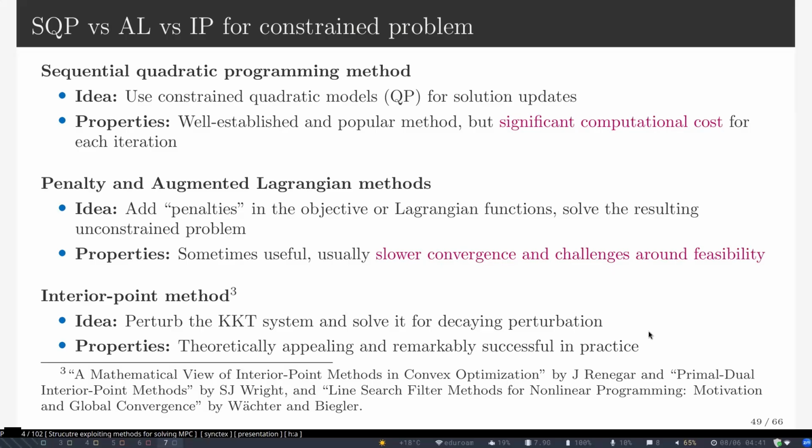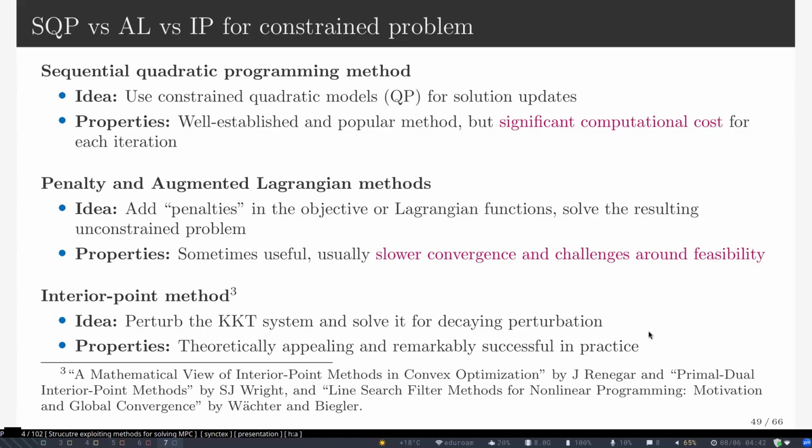It's a popular method, but it has significant computational costs, especially when you have constraints. You can have penalty and augmented methods; again, they're first-order methods first of all. They don't use all the structure you have. The constraint satisfaction is more like they cross their fingers.